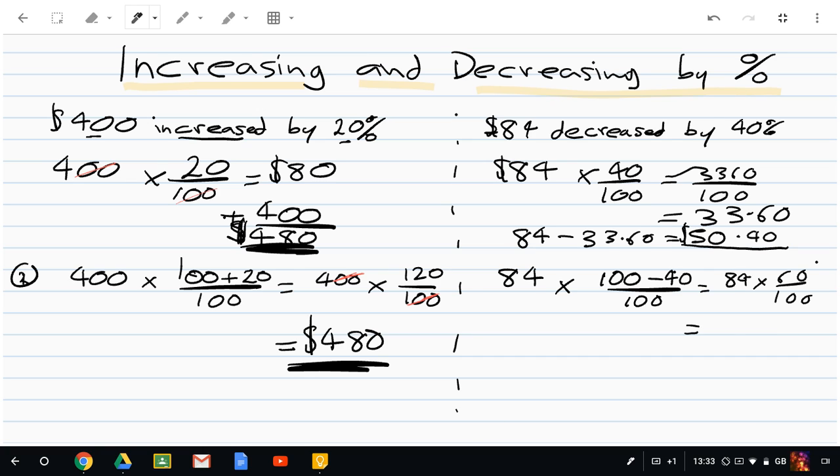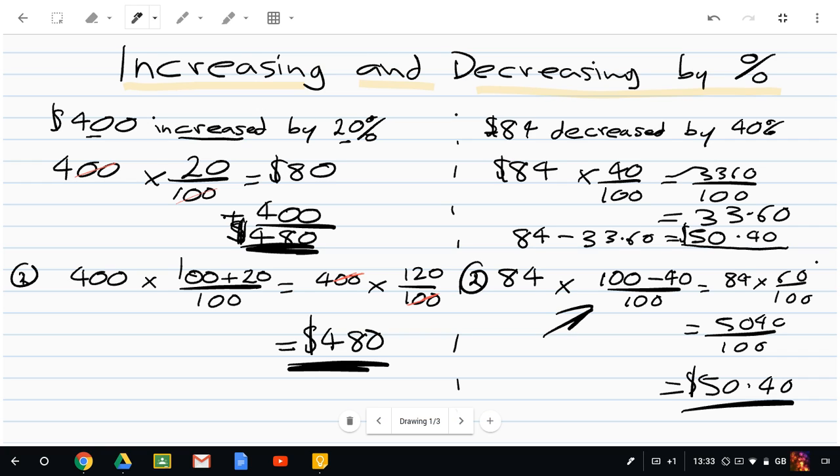So when we multiply that, we get 5040 over 100, which is $50.40. So again, you can see that either way, we get the same answer, but the second method has a little less confusion, certainly for me. Anyway, whichever one suits you, as long as you show me the working out.